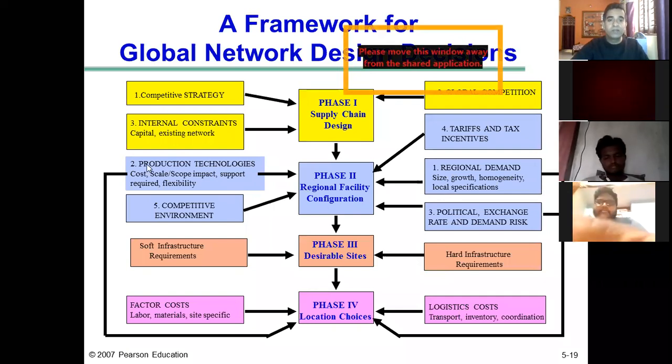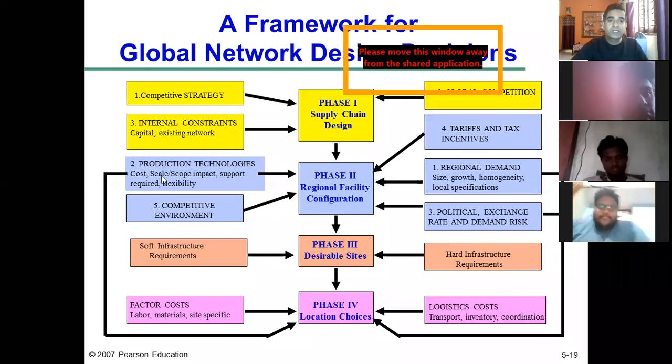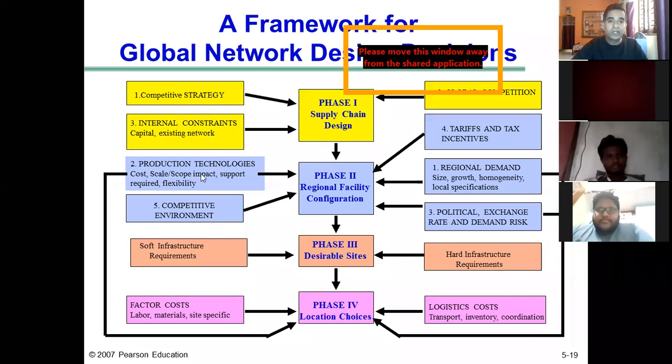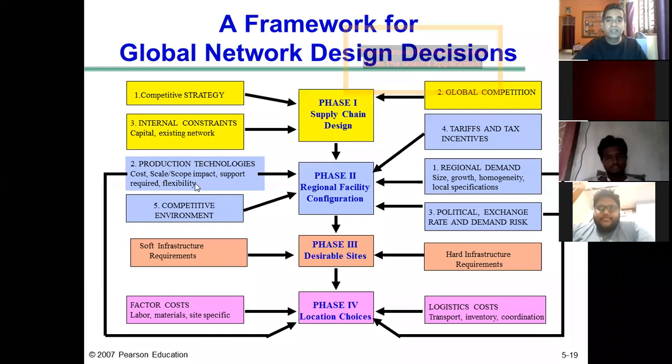The second factor to be considered during phase 2 is production technologies. The cost of the production technologies the company is planning to adopt. The scale, whether it is going to be large scale or medium scale they want to start, and its impact. Support required for the company to start its supply chain, and how flexible the supply chain would be. So these factors have to be taken into account. If you remember, I have sent you a case study as part of a CTA.